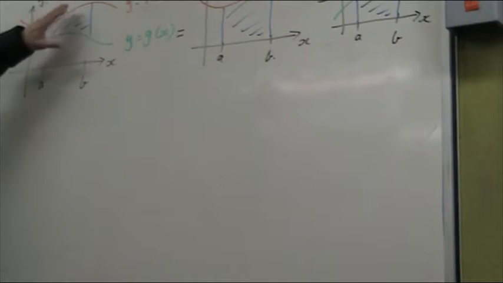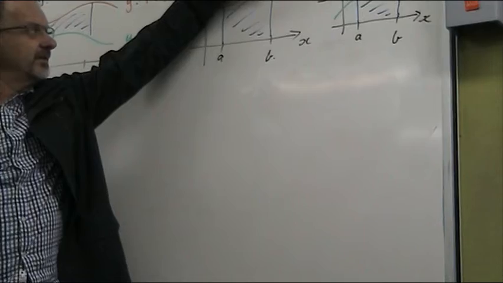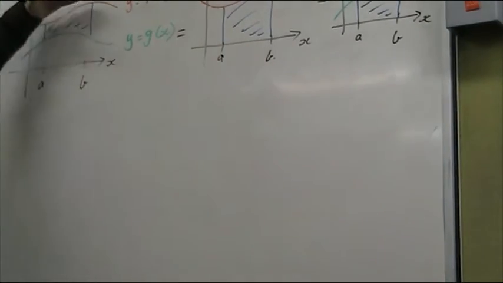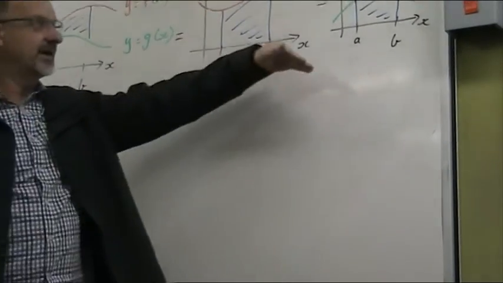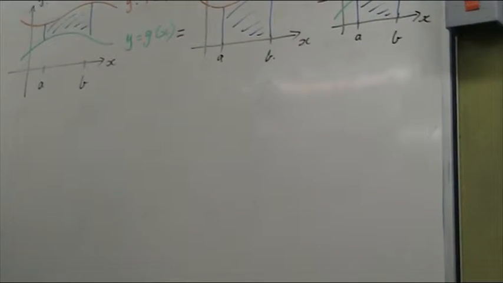All right, so if we want the area in between, if we work out all the area under the higher one, the orange one, and then take away the area under the lower one, the green one, that will give us the area.